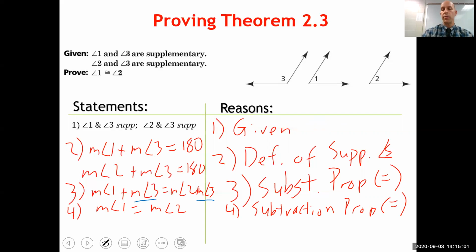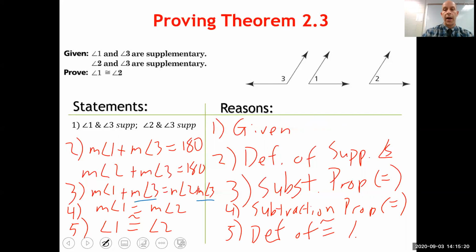You can just say subtraction property. And then, of course, if the two measures of the angles are equal, guess what we call that? When the angle measures are equal, we call them congruent. Here's that fancy symbol. And so that is by the definition of congruent angles.